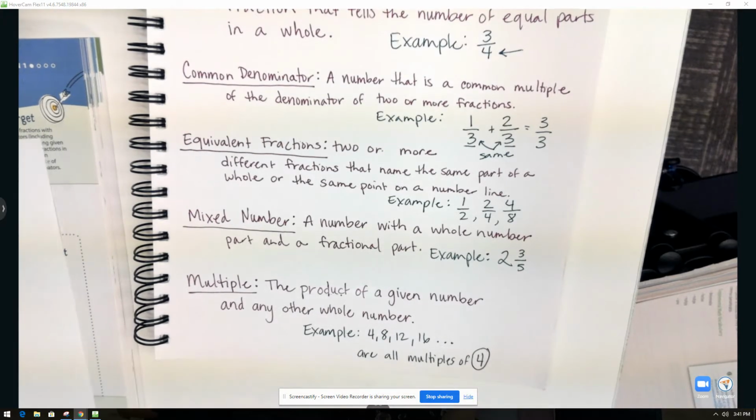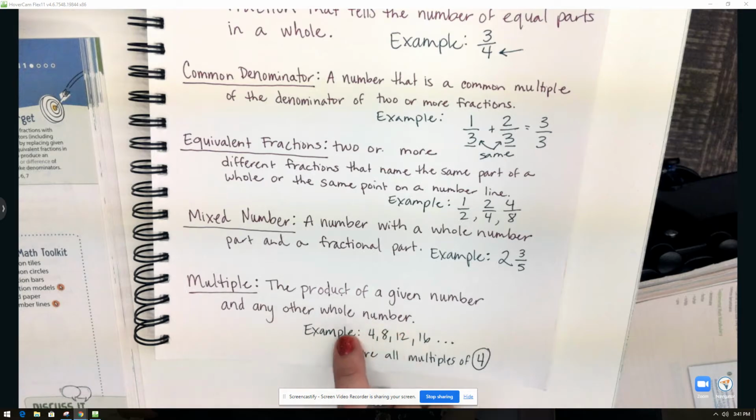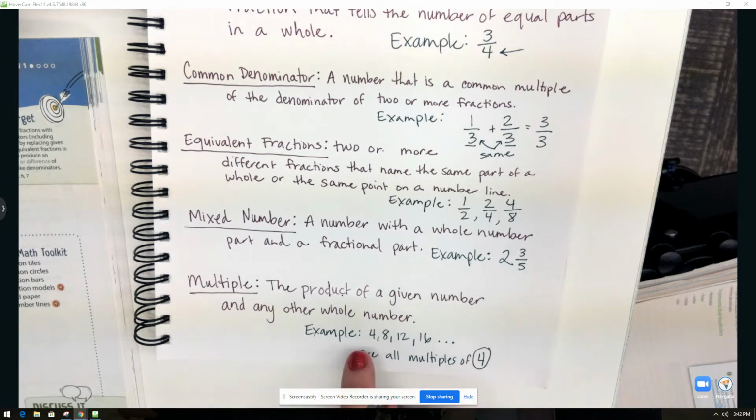And then finally, the word multiple. A multiple is the product of any given number and any other whole number. So for example, 4, 8, 12, 16, and we could continue going, are all multiples of 4. 4 times 1 is 4, 4 times 2 is 8, 4 times 3 is 12, and 4 times 4 is 16.